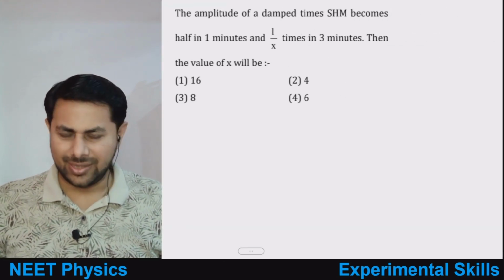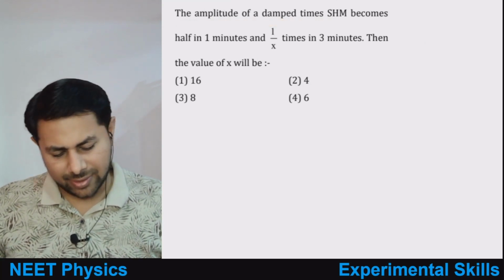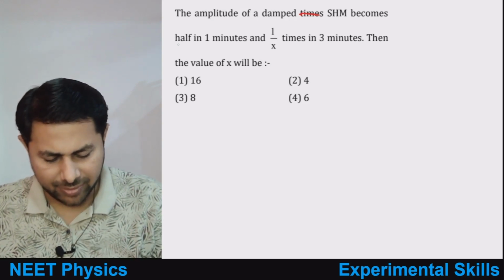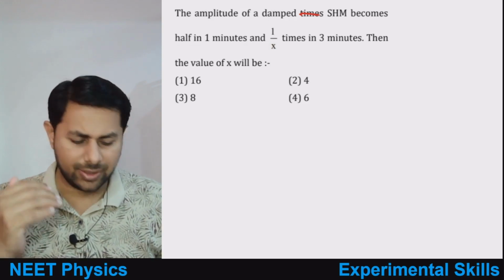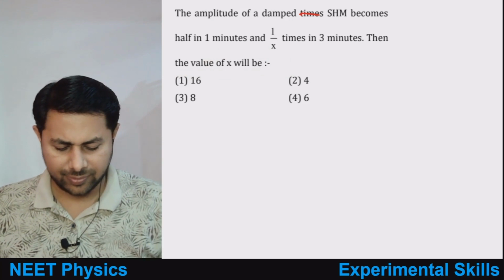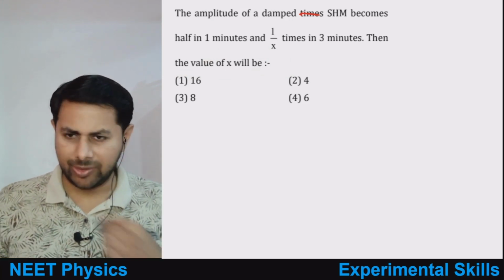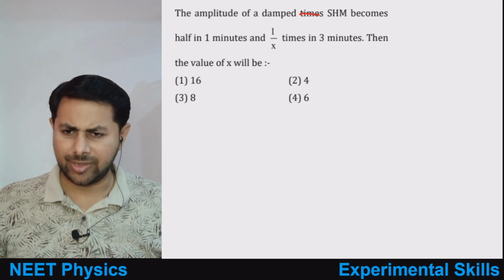Okay. The next one: the amplitude of damped SHM becomes half in 1 minute and 1 by x times in 3 minutes. Then the value of x will be, tell me. It becomes half in 1 minute, and 1 by x times in 3 minutes.